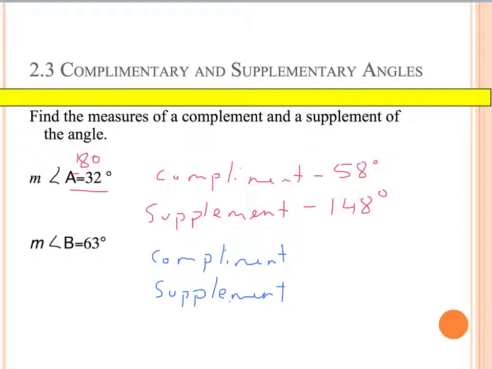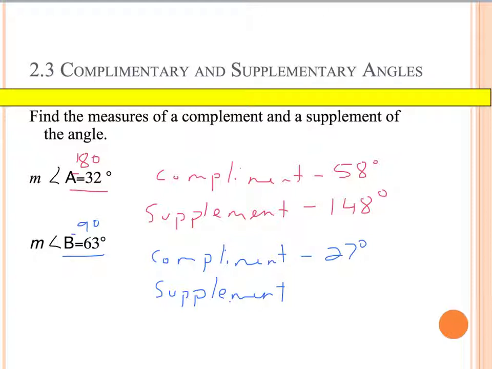Do the same thing for angle B. Subtract from 90 to get the complement. When we get that complement, they're so nice. 27 degrees is going to be its complement, because we subtracted from 90. Two angles that add up to equal 90 degrees are complementary angles.